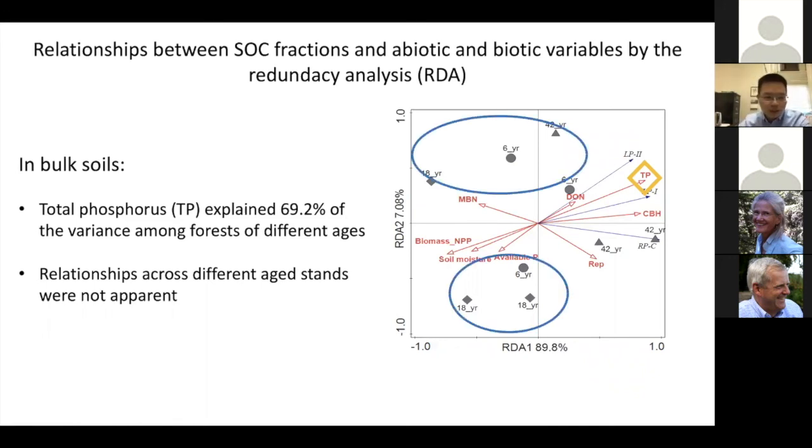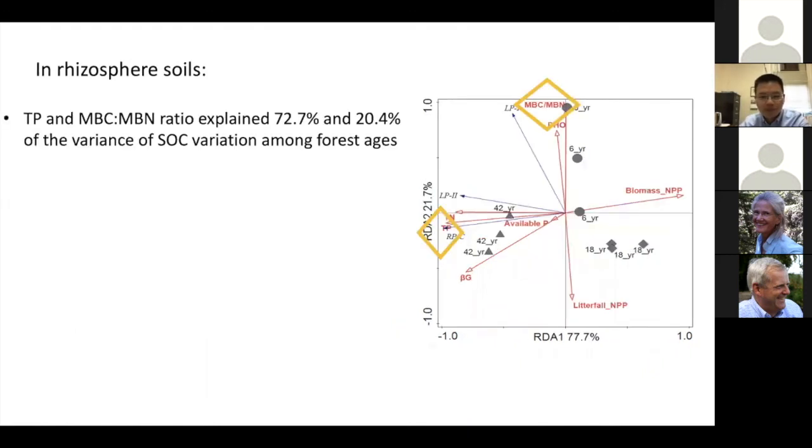But the relationship between the SOC and the environmental factors across the different age stands was not apparent. And in rhizosphere soils, the total phosphorus and the microbial biomass carbon to microbial biomass nitrogen ratio explained 72.7% and 20% of the variance of SOC variation among forest ages.